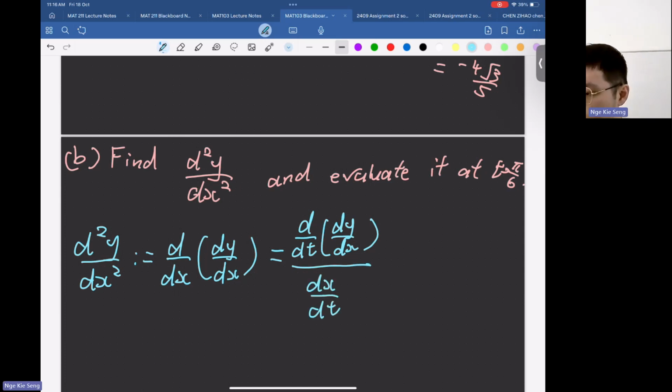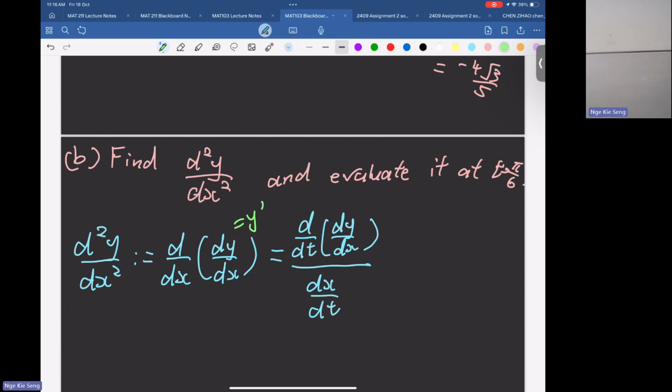You treat dy/dx as a new y. Does this make sense? Can I differentiate dy/dx with respect to t or not? Can, right? Just now we expressed our dy/dx in terms of t, so we can differentiate with respect to t. And dx/dt we just calculated.